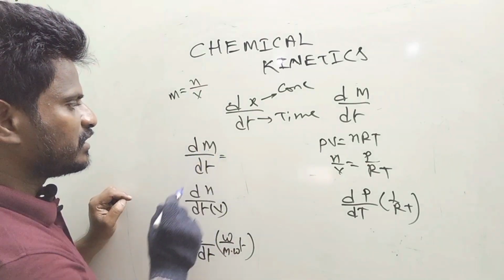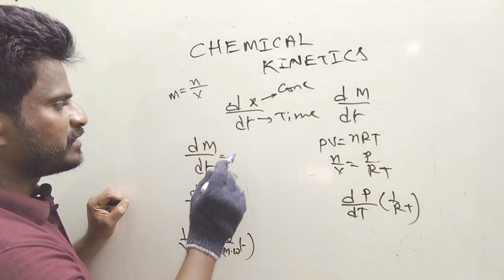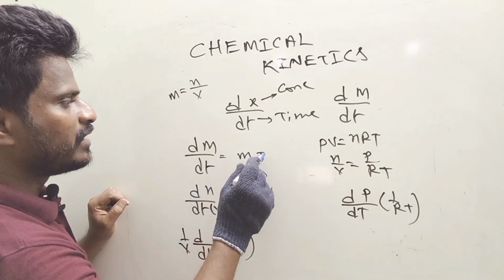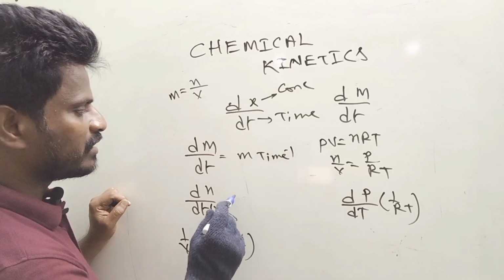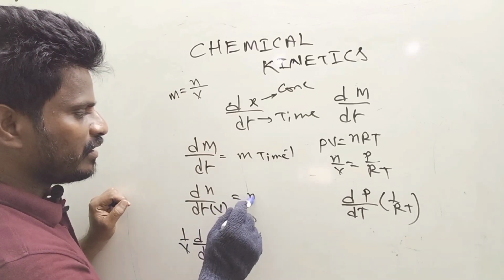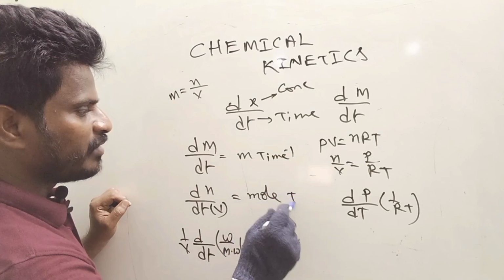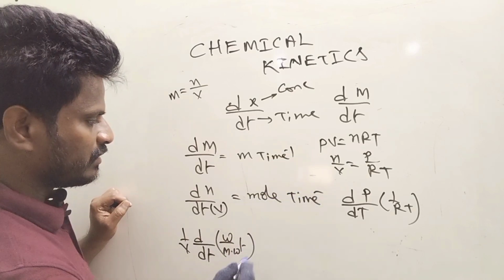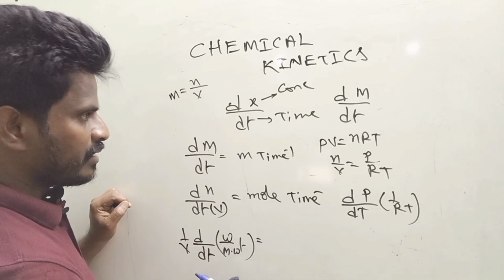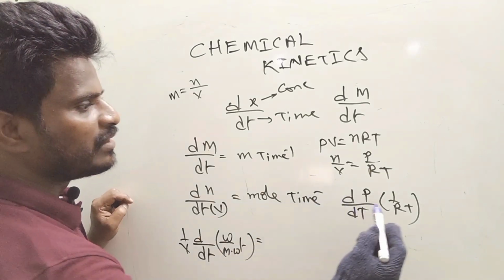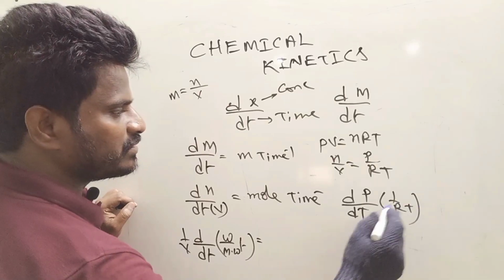In this expression, the units for rate expression are mole and time inverse. Molar time inverse. It is mole per time, mole time inverse, and it is pressure time inverse.